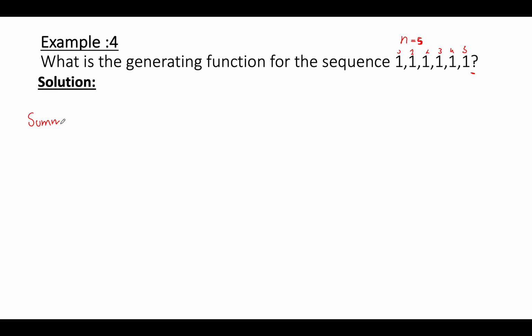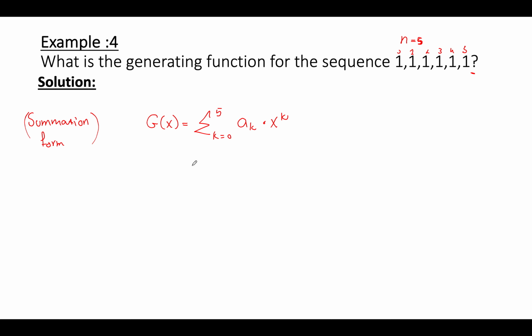From the summation form that produces the following series, we know that g(x) is equal to the sum from k = 0 until 5 of a_k times x^k.